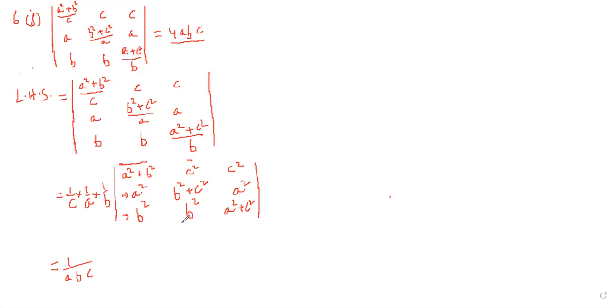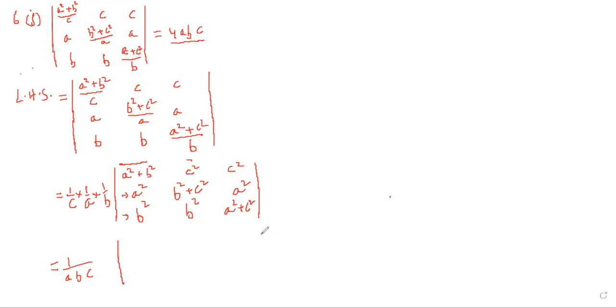So it is giving a fruitful result. Again, the third element of the second row and the third element of the third row are added, a square plus c square plus a square, which is 2a square plus c square. When subtracted from c square, the third element of C1, c square minus 2a square minus c square cancelled out, so it is again giving minus 2a square. So this result is better.